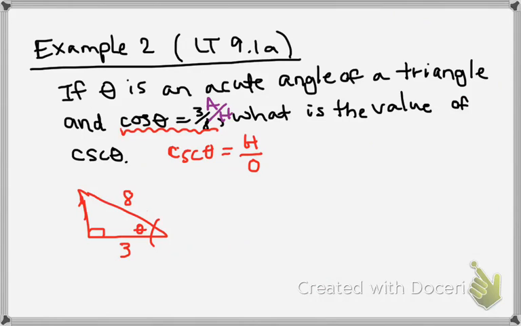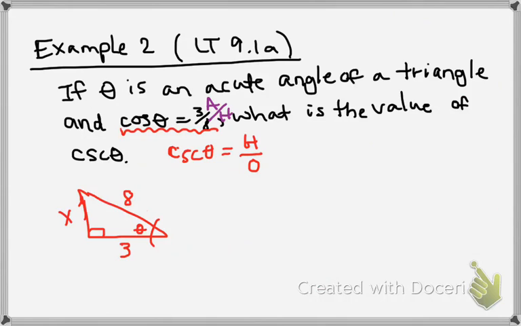So now I've got two sides of a right triangle. I just need to find that third side so I can use it as my opposite. And then my h being the hypotenuse, the 8. Since I have two values of a right triangle, I need to use the Pythagorean theorem to find the third.